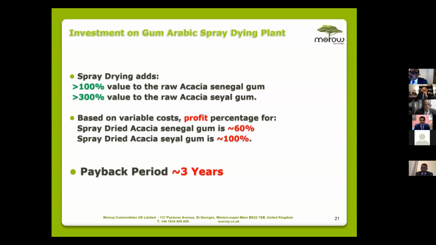So by just adopting a certain tax policy, without shouting and insulting people, which is hostility, you just adopt your policies gradually and you will encourage people to do spray dried gum. Because they will not be very competitive if raw gum reaches, say, France or the USA at very high prices, their manufacturing cost will be very high, so they will not be competitive enough to compete with our spray dried gum.